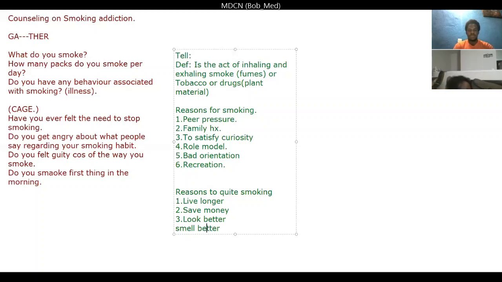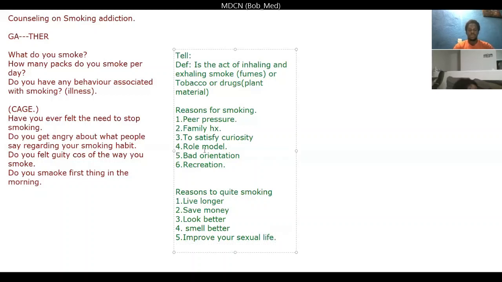The person will smell better and nicer. Please take notes. The person won't have all this smell from smoke. You understand? It's also very important. Apart from that, it improves the sexual drive. If you quit smoking, your sexual urge improves, your sexual life.